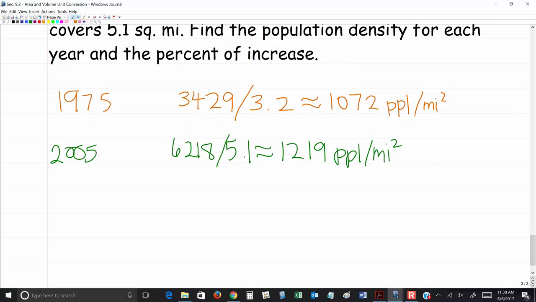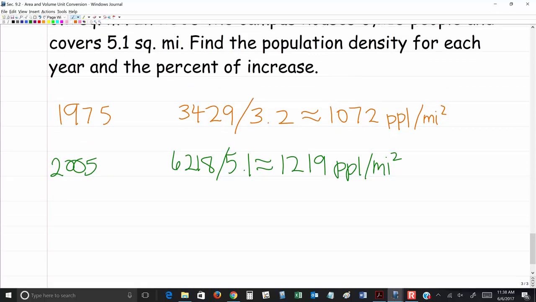So they want to calculate the percent of increase. So in the population density, I'm assuming.